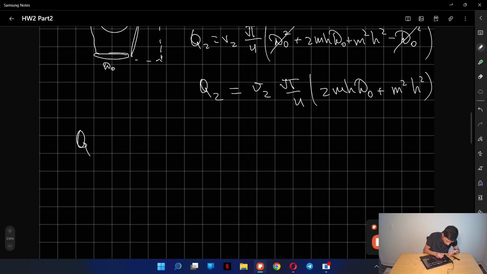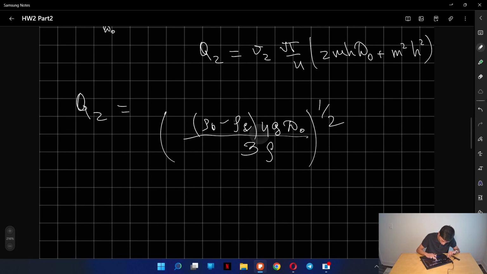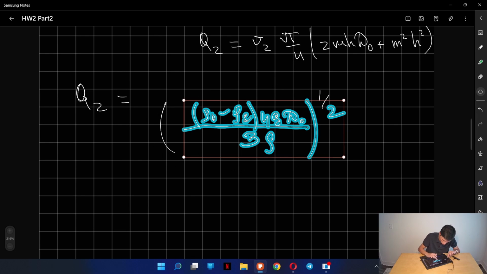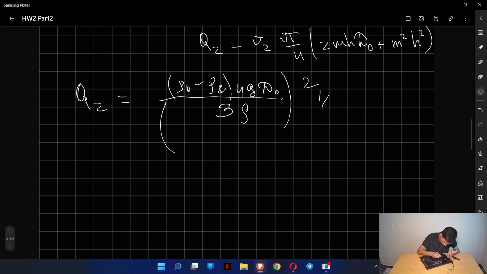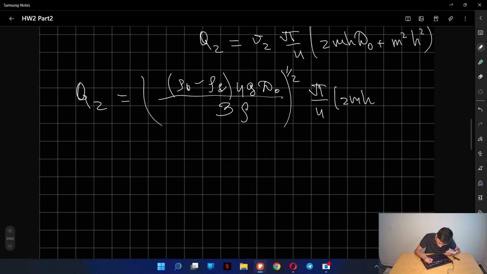So my flow rate at point 2 is going to be equal to the velocity at point 2, with the 1 over 2 power, times pi over 4 times 2mhd0 plus m squared h squared, right?